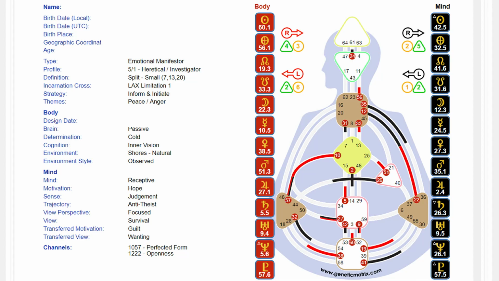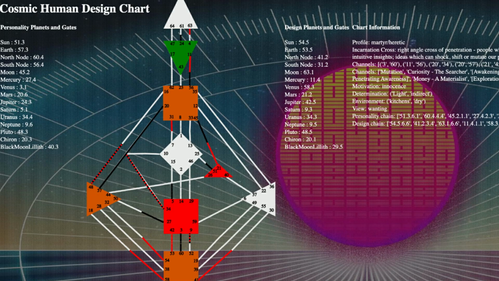In sidereal Fagan-Bradley, my aura type is an emotional manifestor type, and I look at the sidereal as being the astral or the emotional body within all of us. And in the true sidereal, which I really just recently got, in that body graph, I'm a manifesting generator aura type, and I look at the true sidereal as being the mental body.